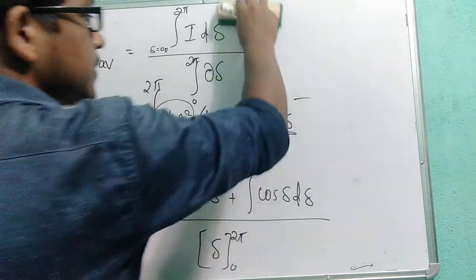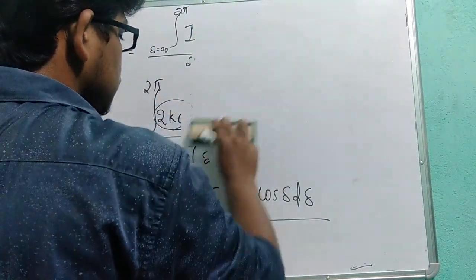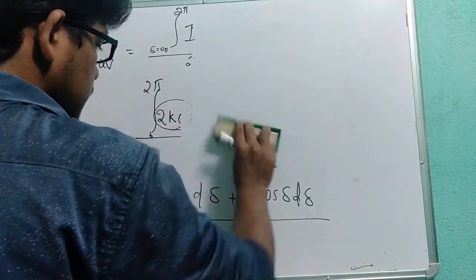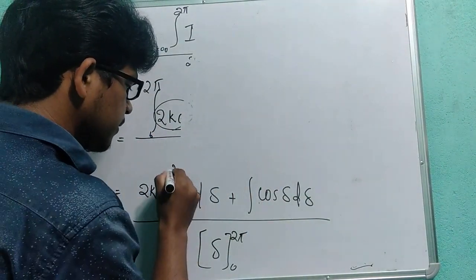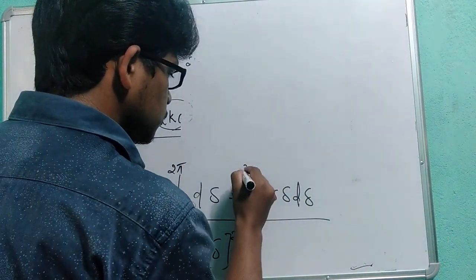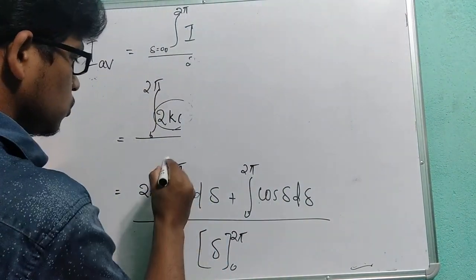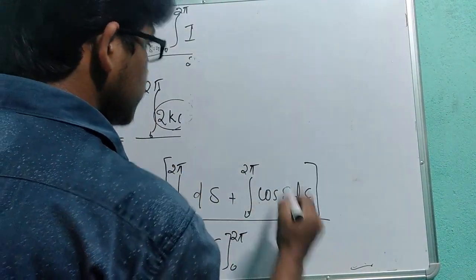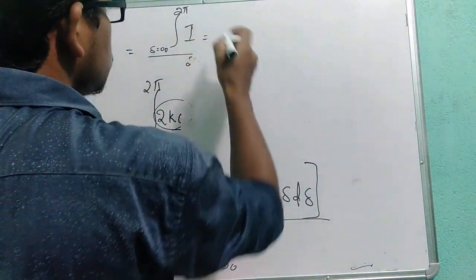This also has the same limit, 0 to 2 pi. So 2ka square is common and remains as usual.